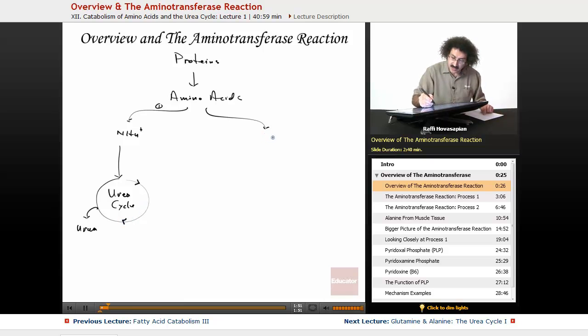Now these over here, these are the alpha keto acids that are left over, what we would call the carbon skeletons without that NH3 group.